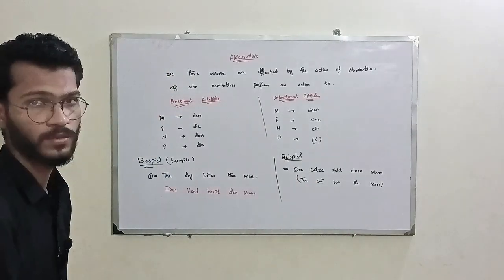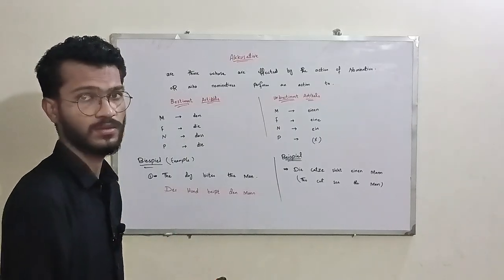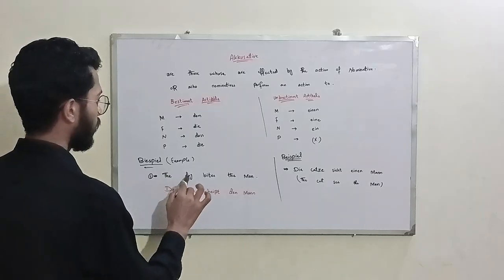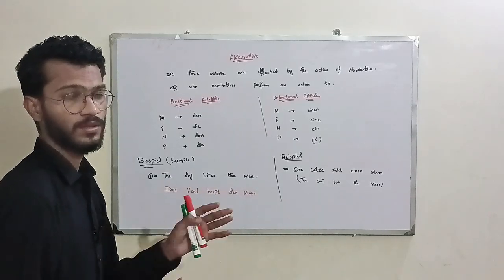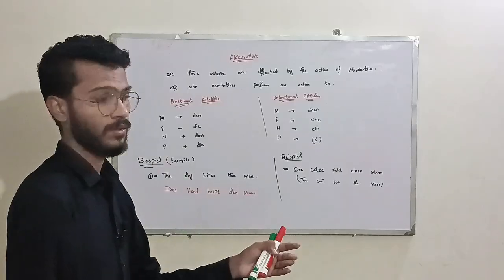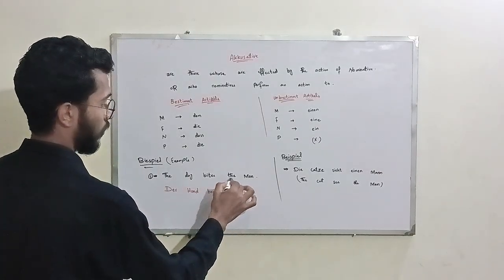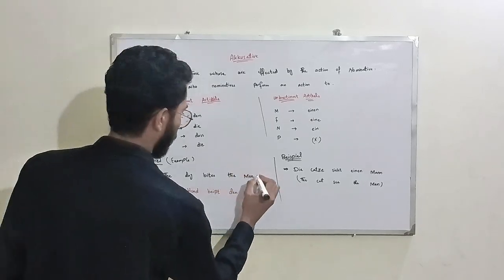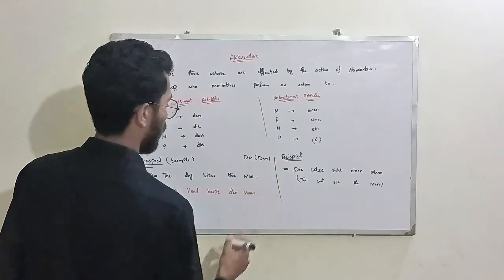Let's take examples of both distinct and undistinct articles. Beispiel means example. The dog bites the man. The dog bites the man means the dog performs an action on the man. So the change: der changes to den.